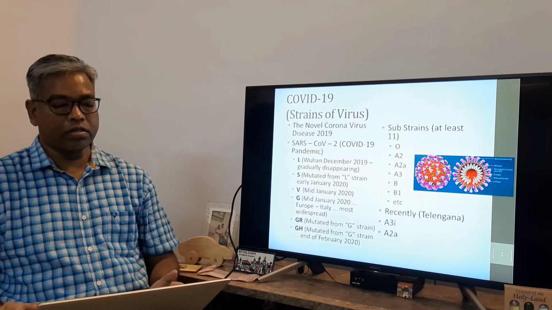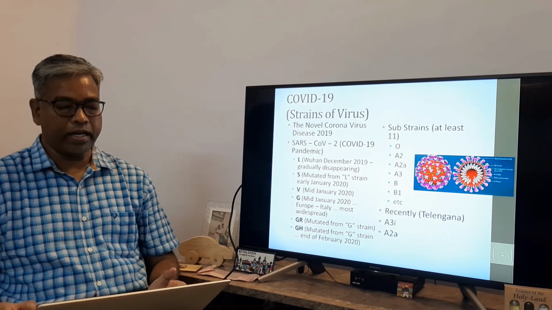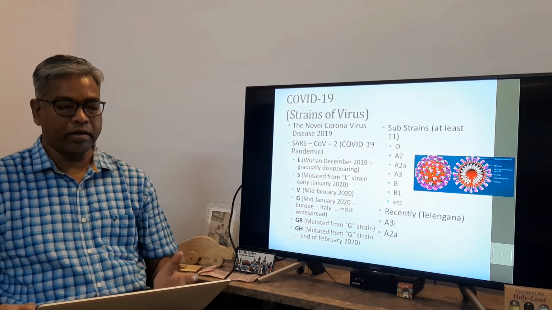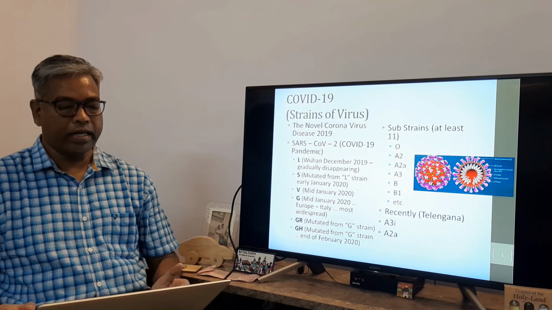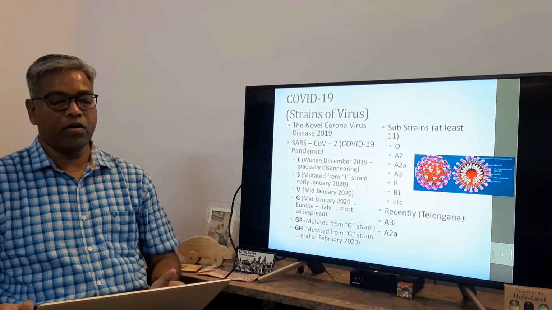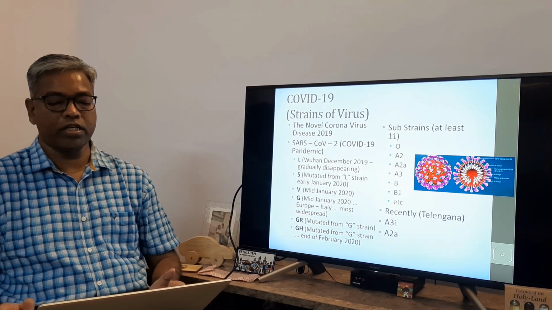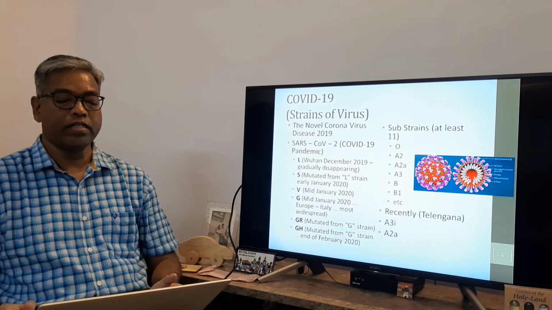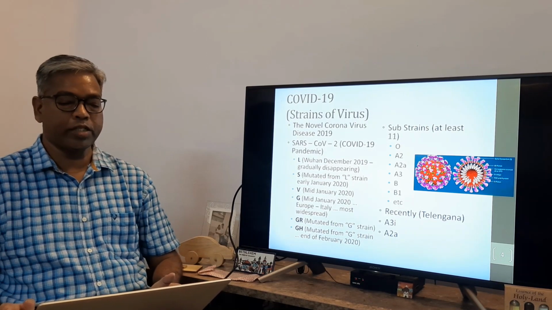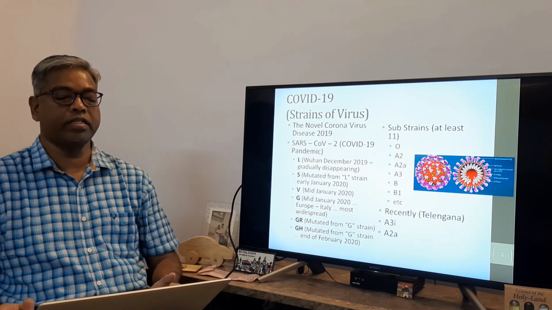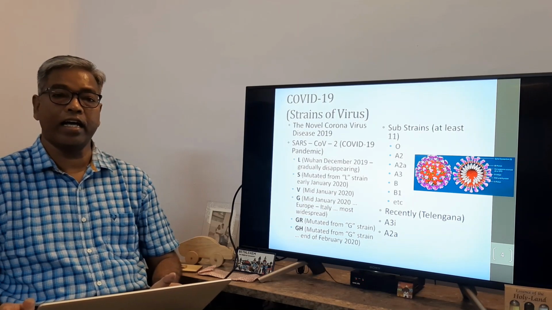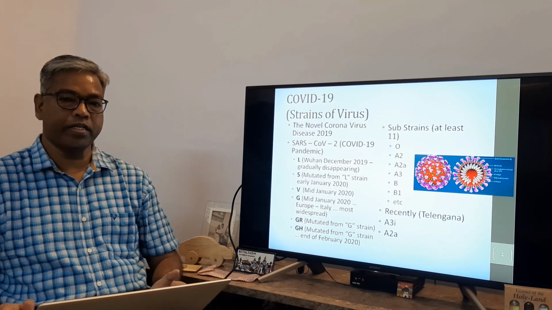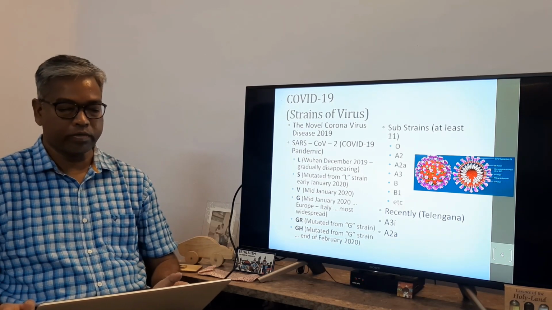So this coronavirus again has many strains, and SARS coronavirus 2, which is causing this COVID-19 pandemic, stands for severe acute respiratory syndrome, or sometimes it is also called SARDS, severe acute respiratory distress syndrome.